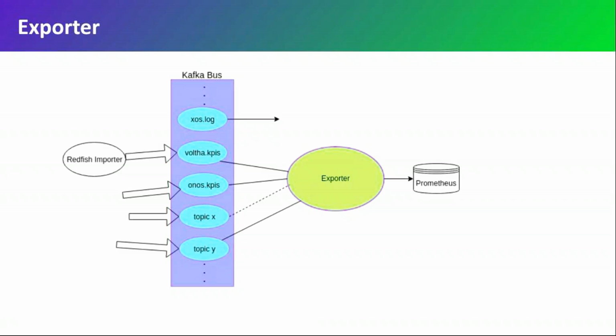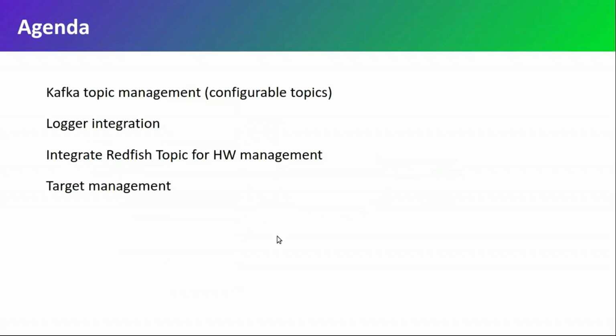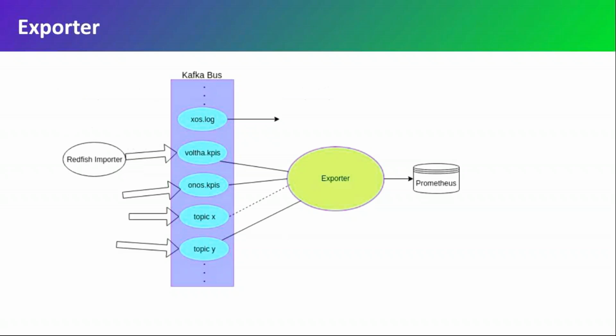Here I'm thinking of making this configurable, so that if the exporter wants to pull data from topic X or Y, it should be able to get this data as well. That's the enhancement. And in the configuration, as I mentioned in the first point, Kafka topic management, I'm thinking about how we can make this topic management configurable.